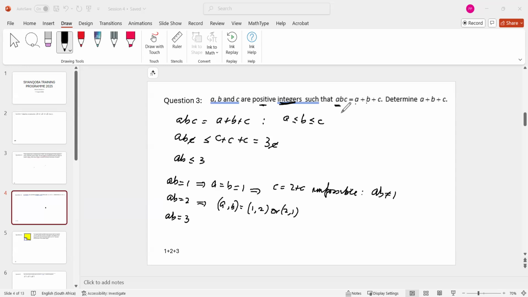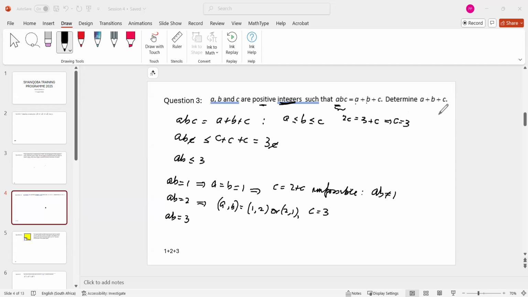So if you substitute it inside here, you have 2C is equal to, now, A plus B in both cases is 3, whether it's 1, 2, or 2, 1. So I got 3 plus C, right? And that gives you 2C is equal to 3 plus C. Bring the C's to one side, you get C equals 3. So here you get a value. You get C is equal to 3.